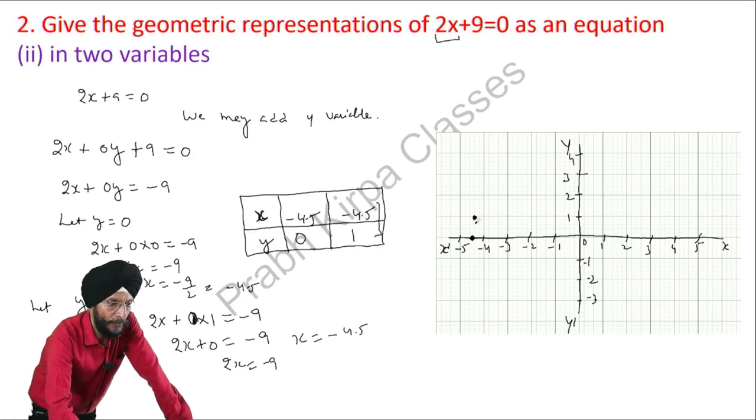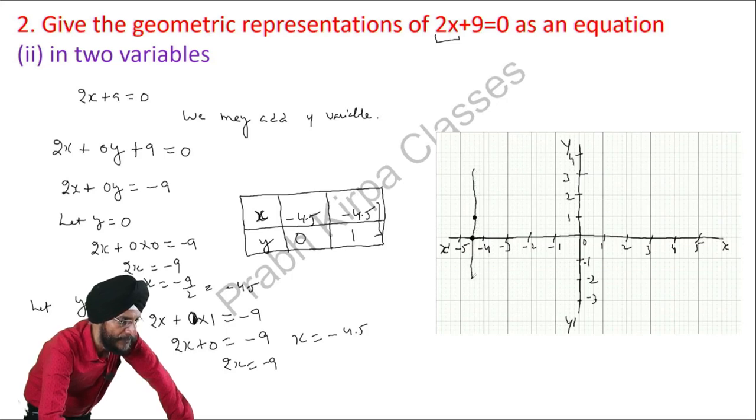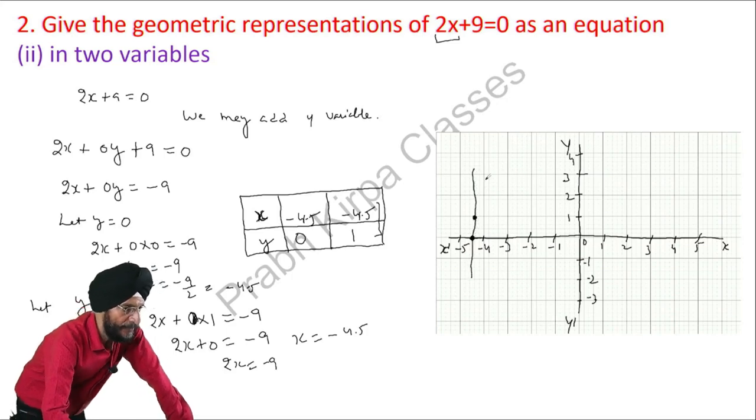X is minus 4.5 and y is 1. So here we will join these 2 points and it will be just like this, a straight line. So here the equation is 2x plus 9 is equal to 0. The solutions are here minus 4.5, the value of y is 1.